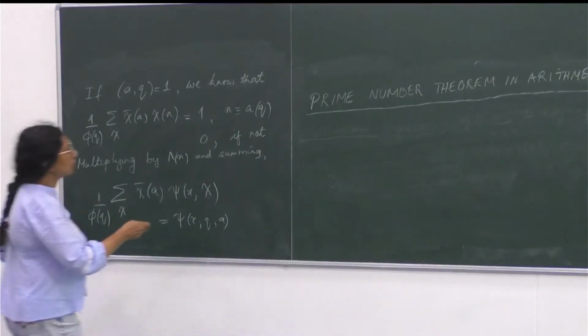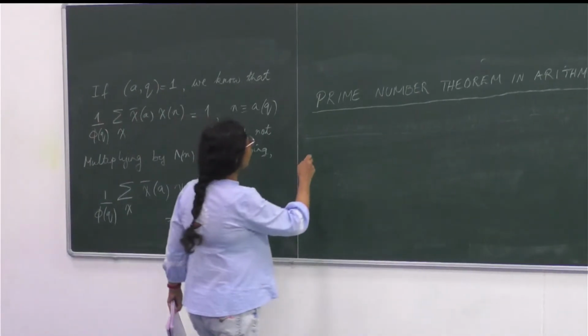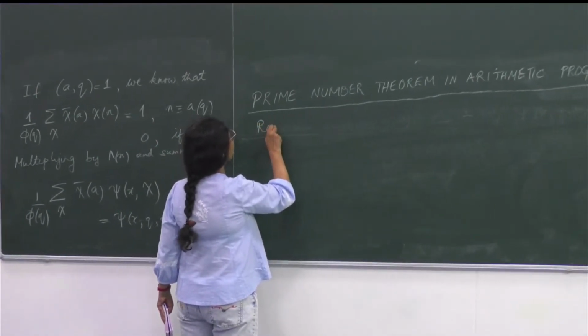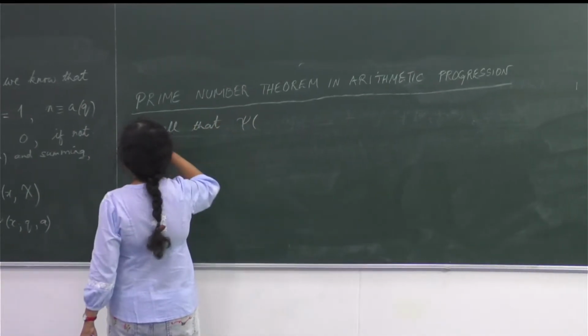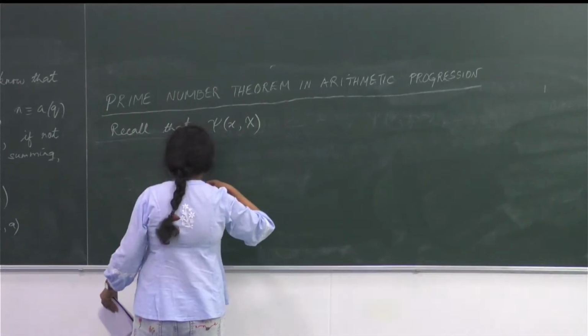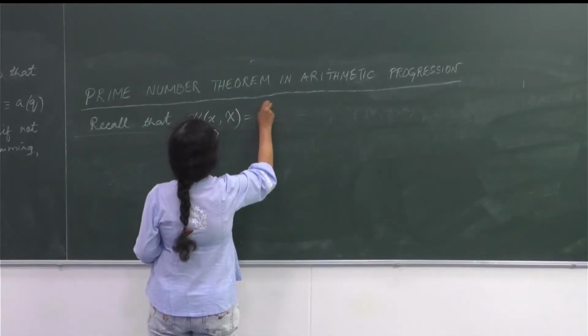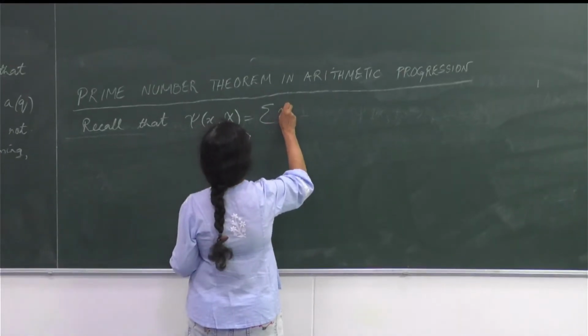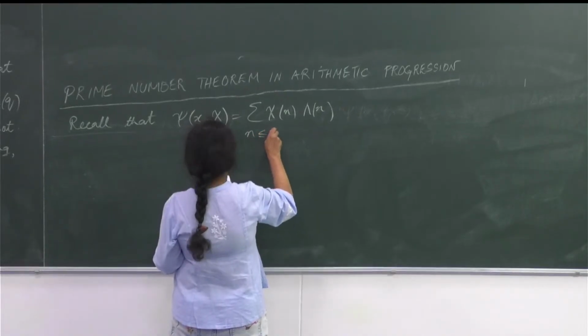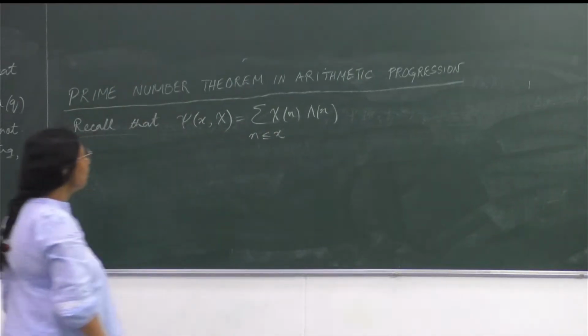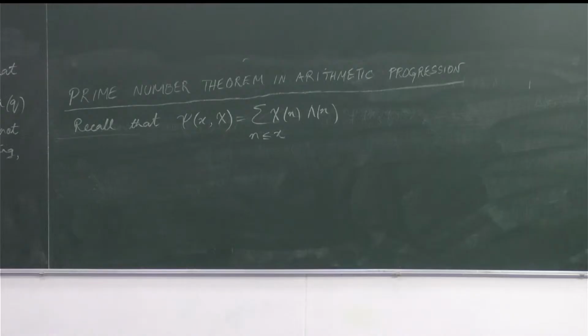So psi of x chi, this is the sum of chi n lambda of n, where n is less than or equal to x. So this is the equivalent of the psi of little x that we have for the prime number theorem.